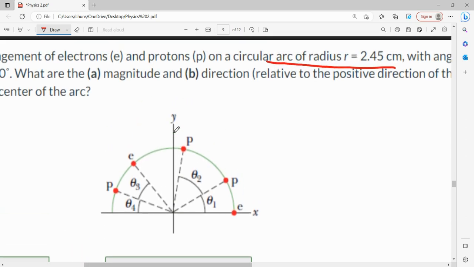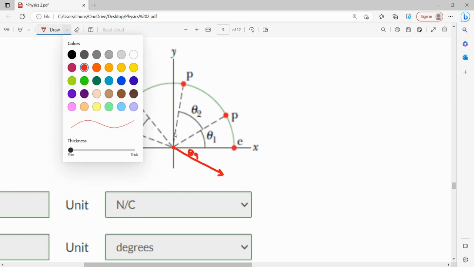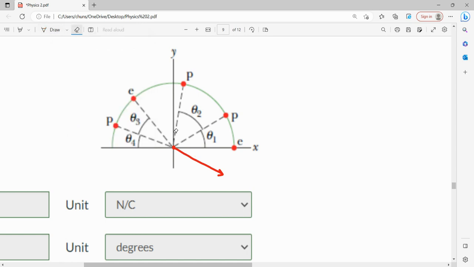So I'm going to start with the left side. Measured from here, it's a positive charge, so that means we're going to be deflected this way. And this angle is the same as angle 4, which means we have a positive x and a negative y component.